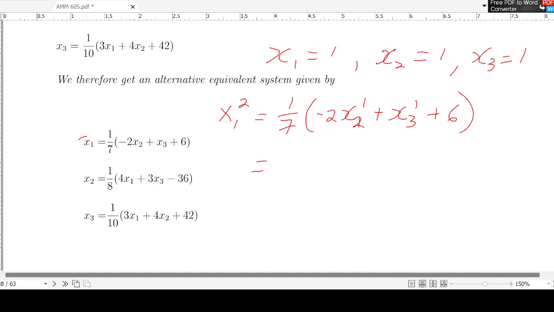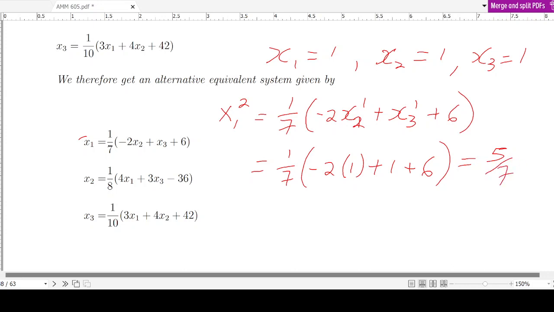And this would have given us 1 over 7 into minus 2 times 1 plus 1 plus 6. Which is minus 2 plus 1 plus 6, which is 5. So this will give us 5 over 7.